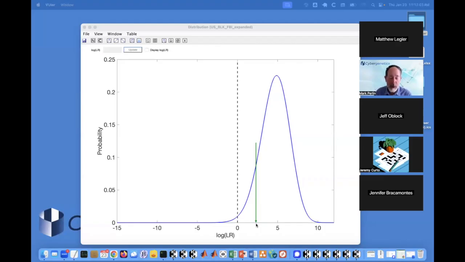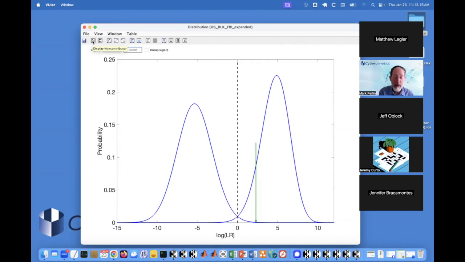But the question for an error rate is, what if you misclassified? So showing, in addition to this, the non-contributor distribution, the question is, what if we have a score, this log likelihood ratio, and it actually came from the curve on the left? What's the chance that we're making a mistake? And that chance that we're making a mistake is the area under the non-contributor curve.